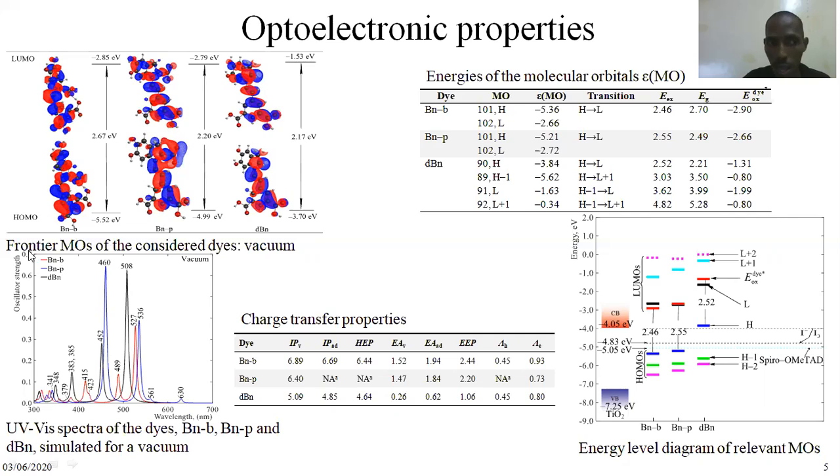And the frontier molecular orbitals of the considered dyes in vacuum were also investigated, and the movement of electrons in HOMO and LUMO was analyzed. The UV-Vis spectra of the dyes for the structures were investigated and estimated in vacuum. The energies of the molecular orbitals were investigated, and other very interesting parameters were also investigated.